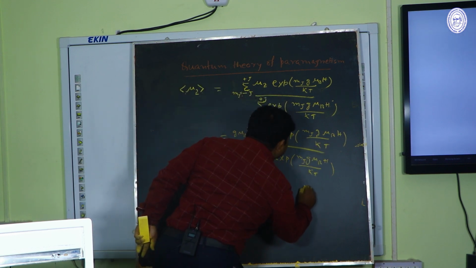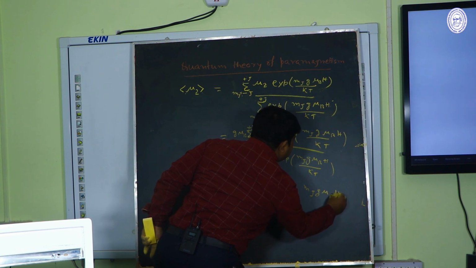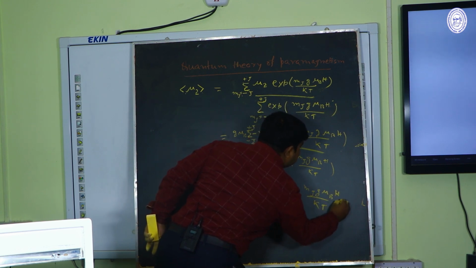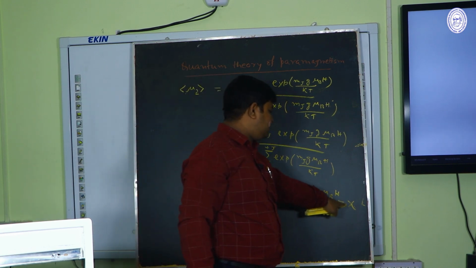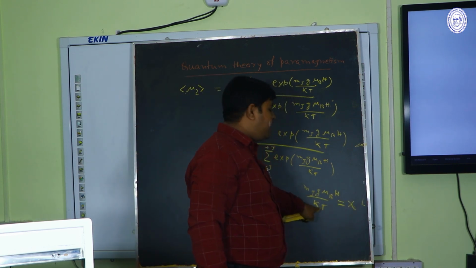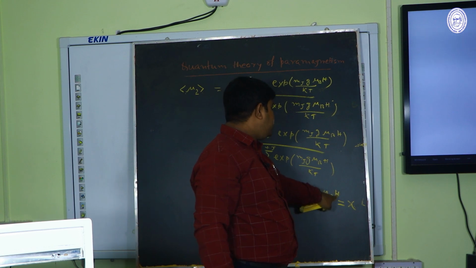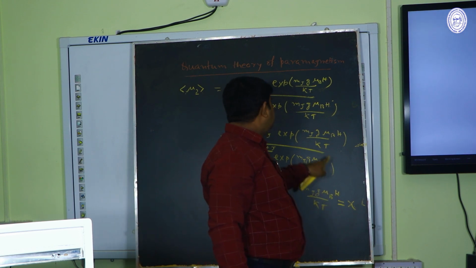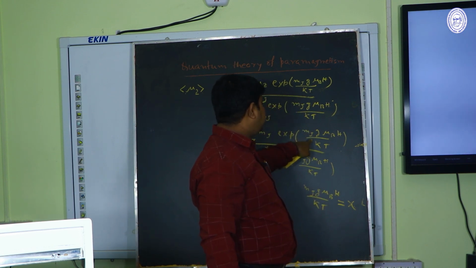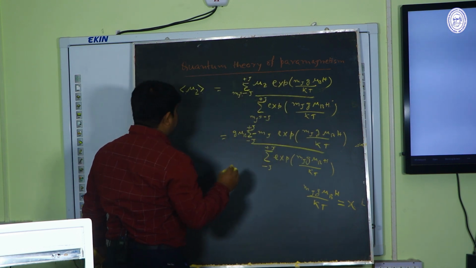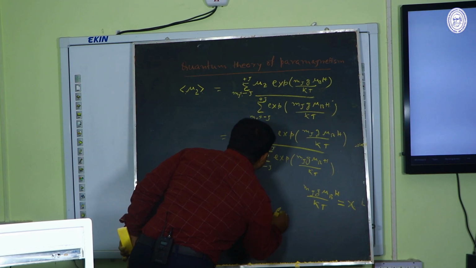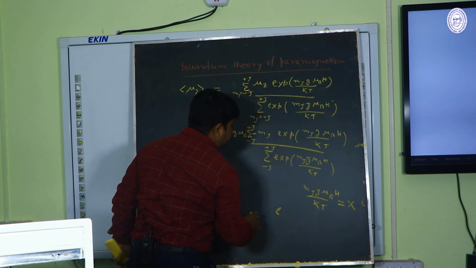Suppose mj g mu b H by kT is equal to x. At low values of x, that is at high temperature and low magnetic field, the exponential factor can be expanded.